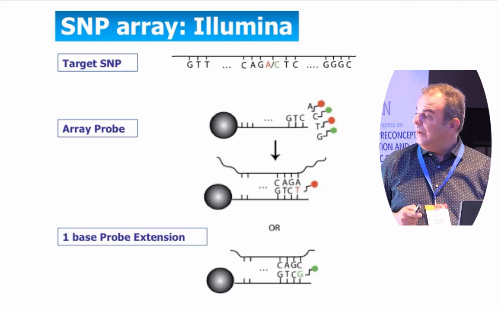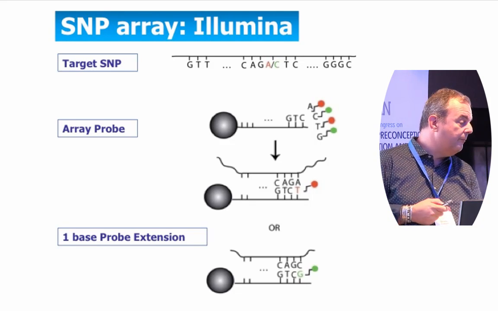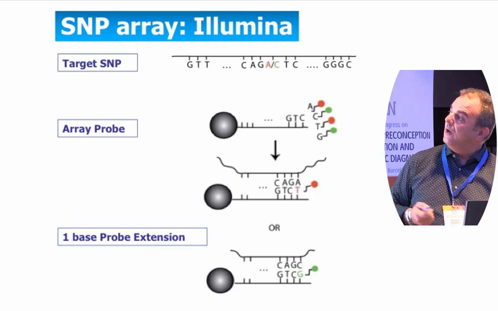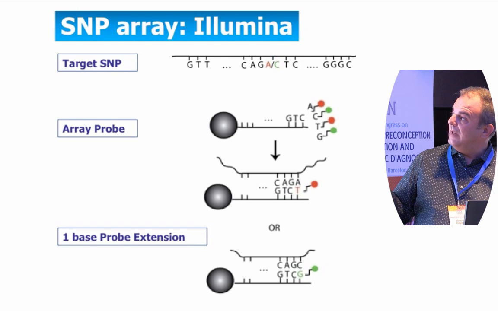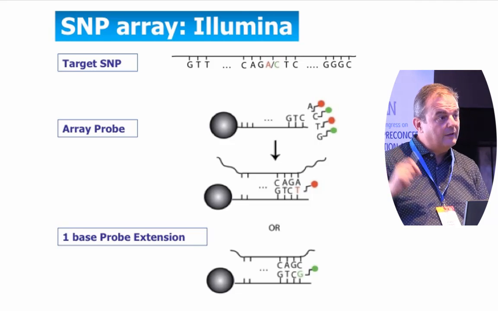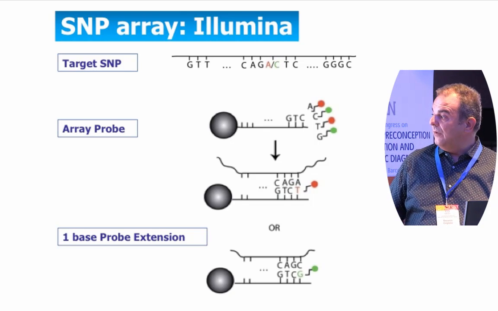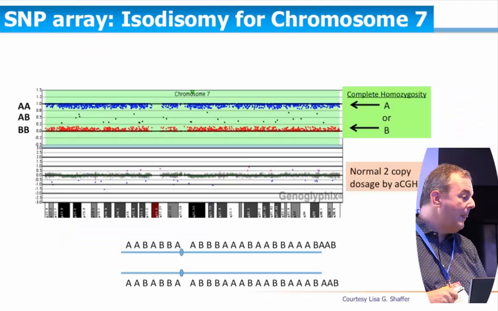And then there is the SNP array from Illumina, which in principle is even easier, where the probes are stuck in beads, and this is designed around the SNP, and then depending on the allele, only a single base is extended on the probe, and so you only have a specific extension of that particular genotype.